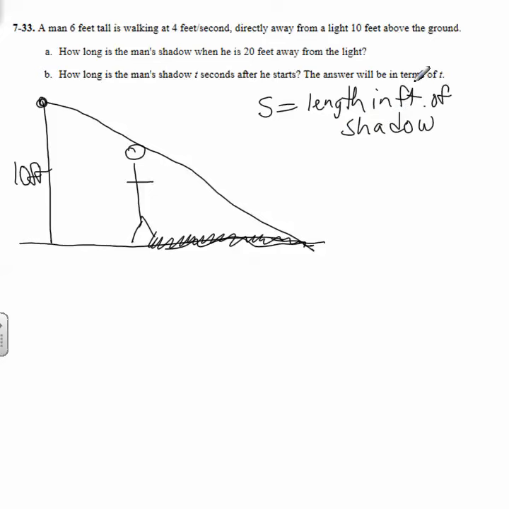Now, it doesn't really matter what variables you use, what letters you use, but it is easier if you use something that makes you think of what you're talking about. Then you don't have to rely so much on the key, but this is pretty important. Okay, and then we're also talking about time in seconds, so let's call T time in seconds.